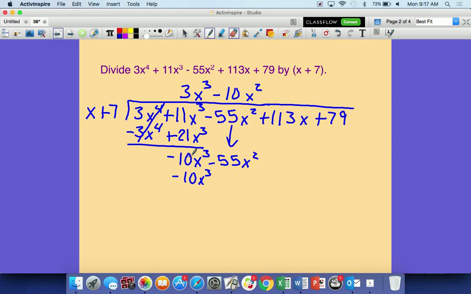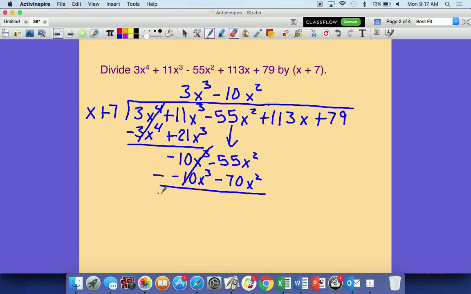Then we've got to take this negative 10x squared times x to get us a negative 10x cubed. Notice when we do this, these two should be exactly the same so we can cancel them out. Negative 10x squared times 7 is a negative 70x squared. Then we subtract those. Negative 10 minus negative 10, negative 10 plus 10 gives us a 0.